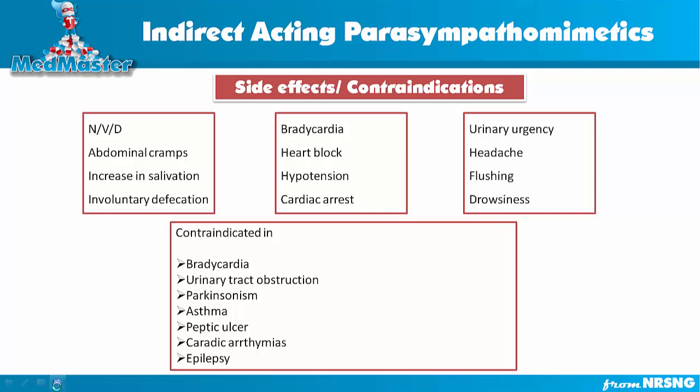What are the side effects of the indirect acting parasympathomimetics? They are the same exact side effects as the direct acting parasympathomimetics, like nausea and vomiting, because remember, acetylcholine is also present in other organs. You want this medication for only a particular organ.